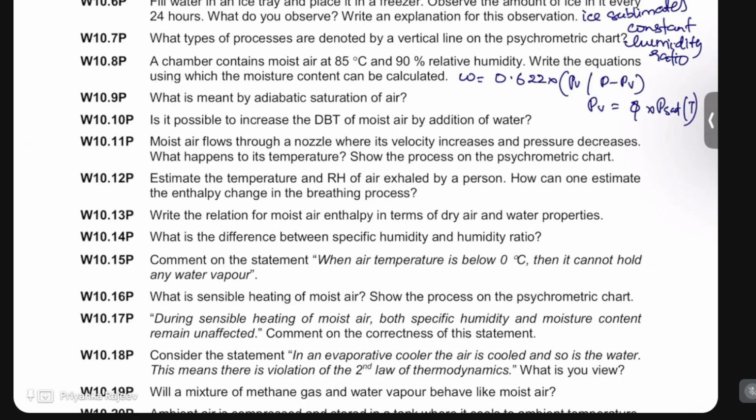So you have to find this Psat from steam tables and then find omega.